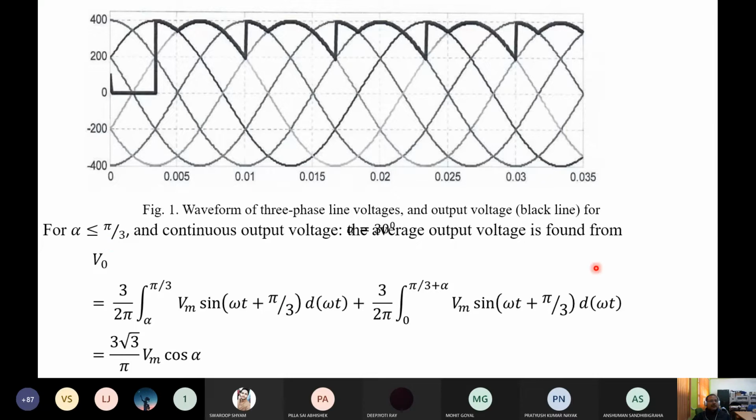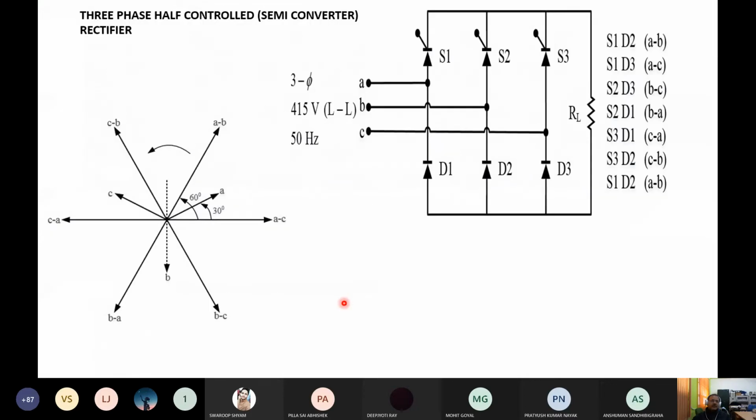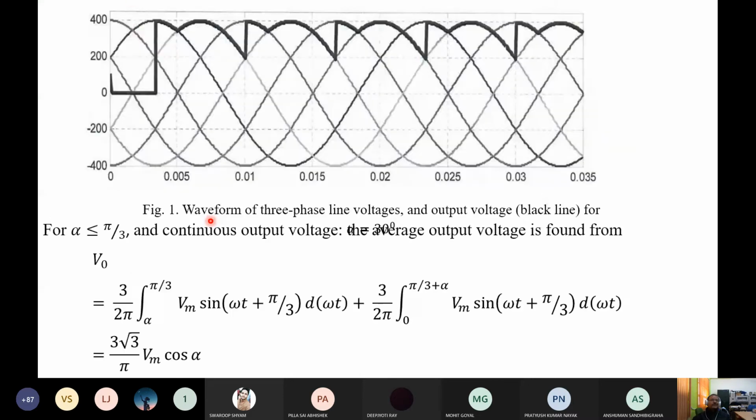With respect to line voltage, please note down, the minimum triggering angle for a thyristor is 60 degrees, and with respect to phase voltage it is 30 degrees. Before that, other phases were conducting, so we have added 60 degrees here. Omega t is 60, alpha is 0 here.